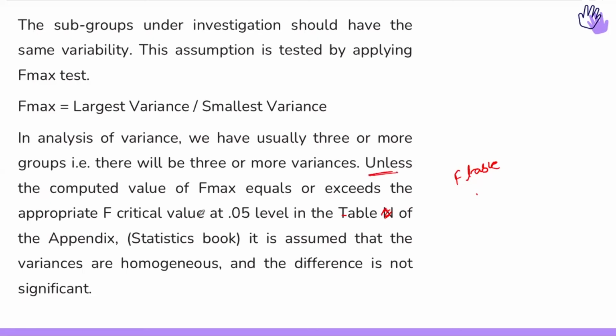Unless the computed value of Fmax equals or exceeds the appropriate F critical value at the 0.05 level, it is assumed that the variances are homogeneous and the difference is not significant. Suppose this is your graph and this is the F critical value. If your calculated value exceeds this critical value, then you reject your null hypothesis and say that the differences are significant. Otherwise, the difference is not significant.